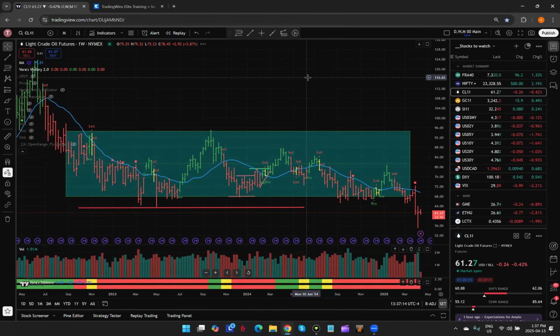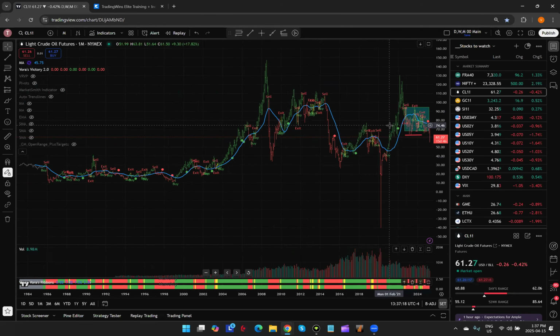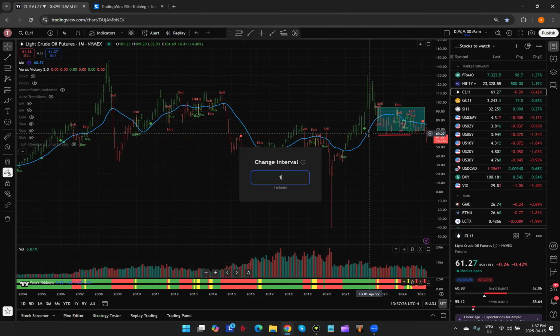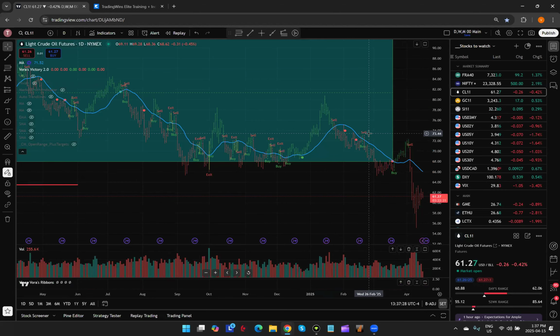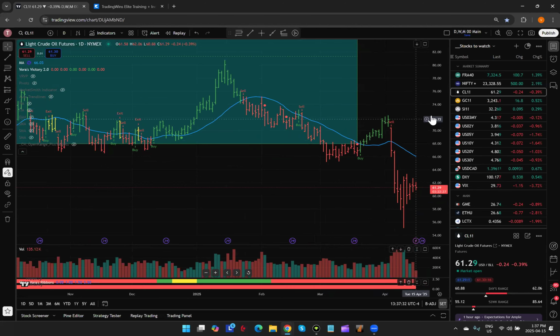But again, there's certainly more room for this to drop. There'll be a lot more support down in the 30 area, but if we get down there, I think things will look much different for many stocks and the economy as a whole.